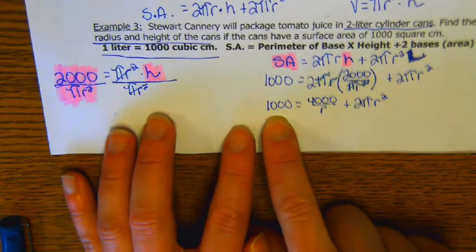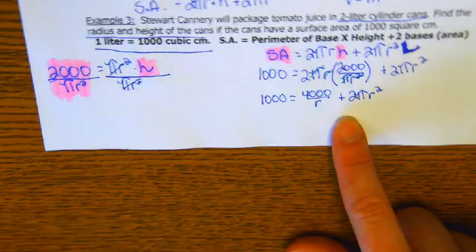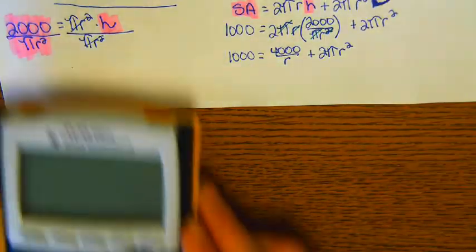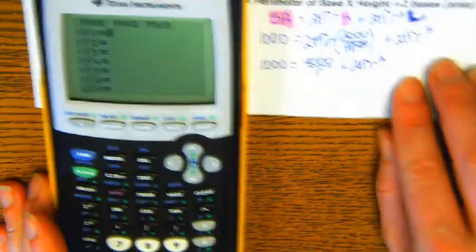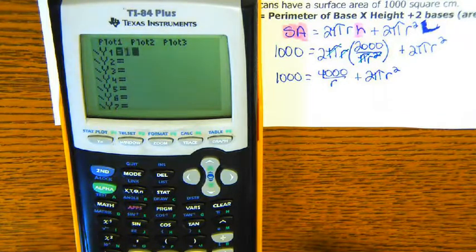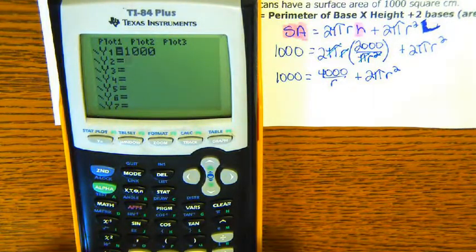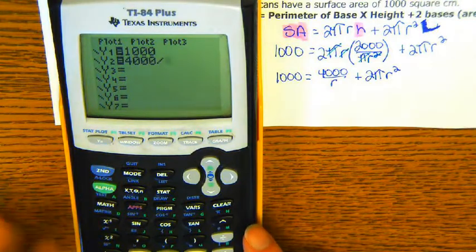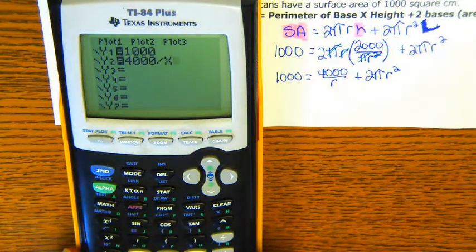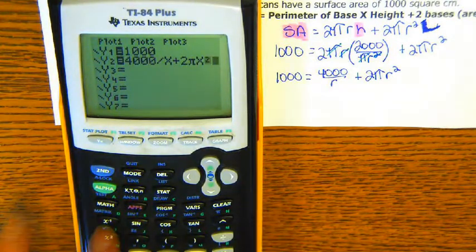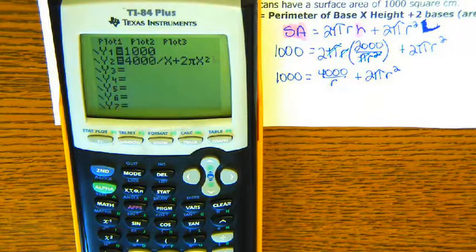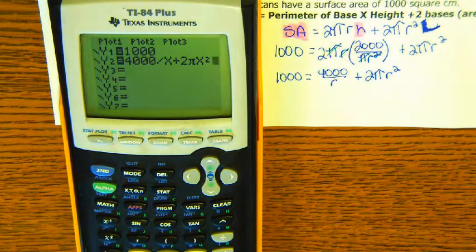I am going to put 1,000 in for y1 and this expression in for y2, except of course we don't have an r, so it's going to be x. Okay, so wait till you're with me here.